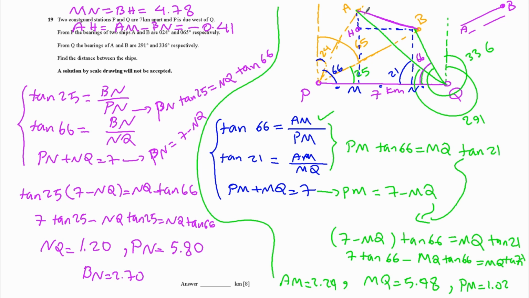And again with 2 decimal places, the answer that I get at the end is 4.80. So the distance between A and B is 4.80 kilometers using this Pythagoras method.